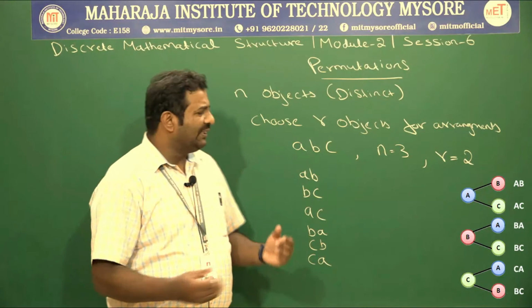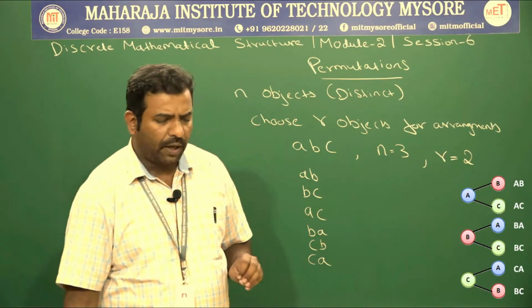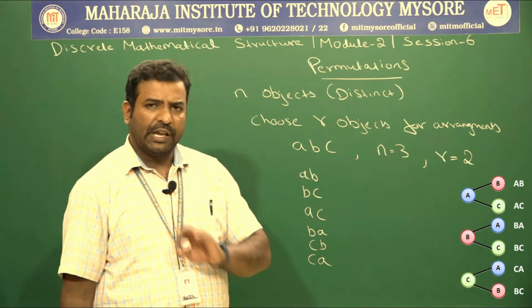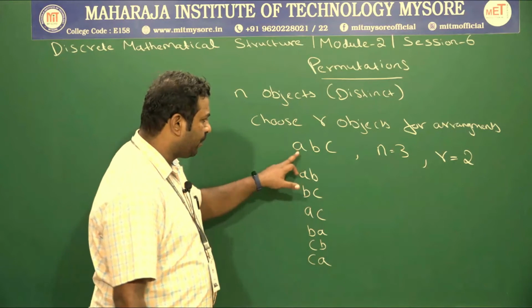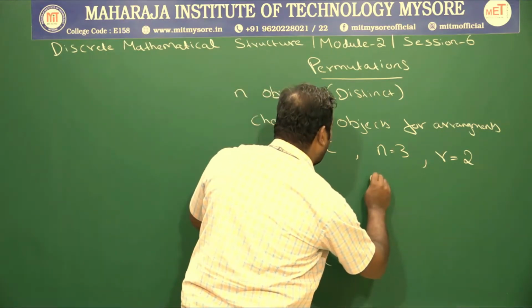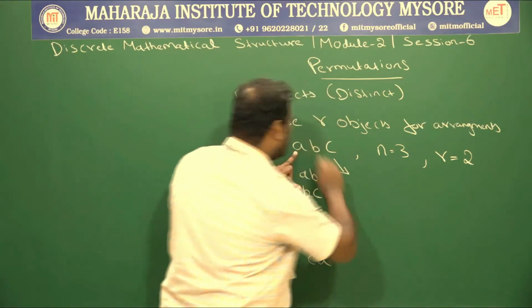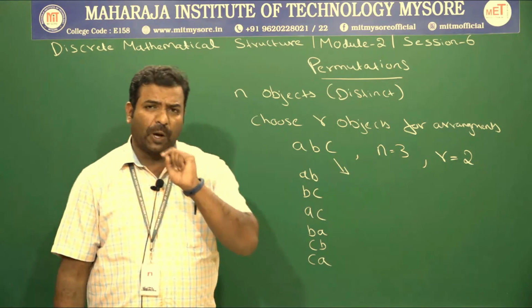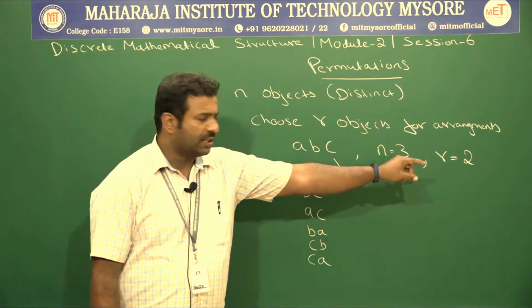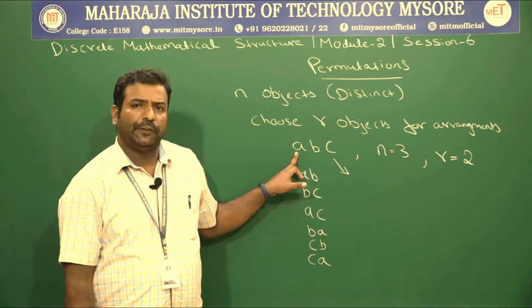So now let me derive a general theory out of this. Whenever I am going to have n objects, just observe in this case, if I want to pick the first object out of this, and then I need to choose two objects, I want to pick one object from this.